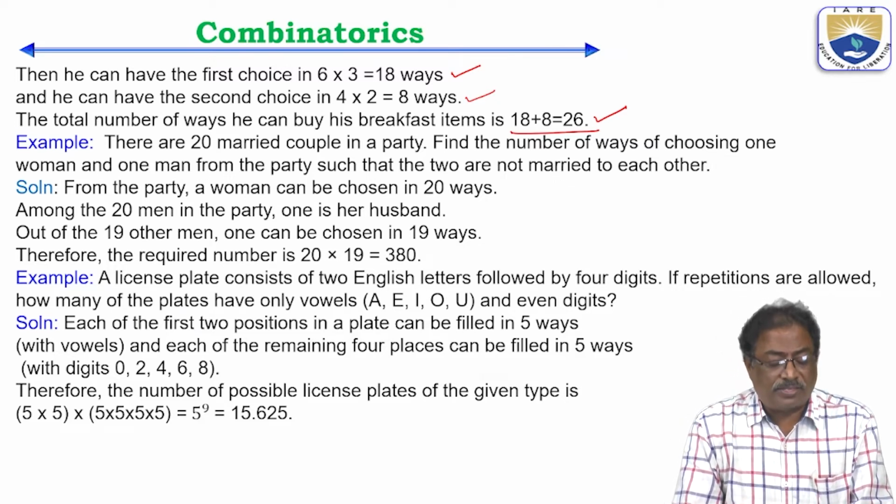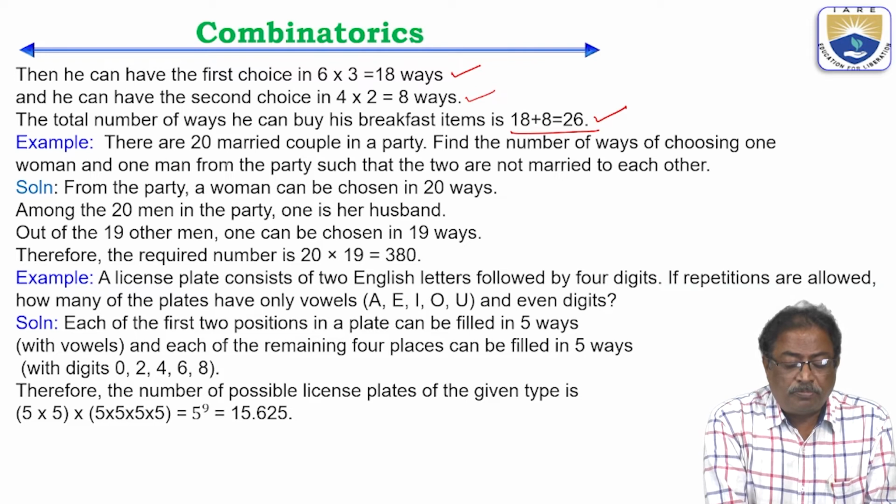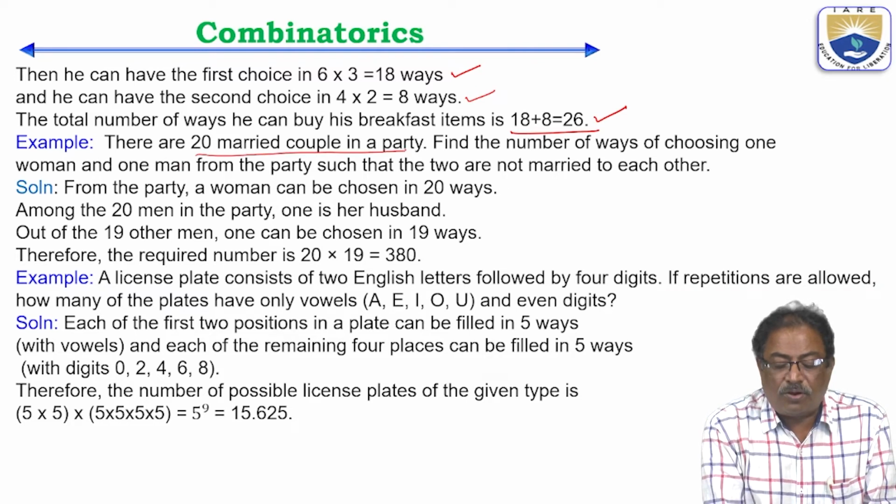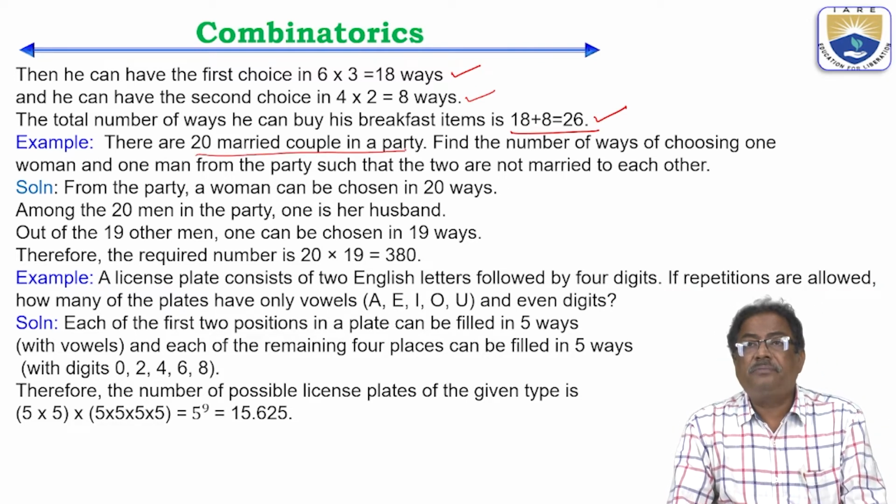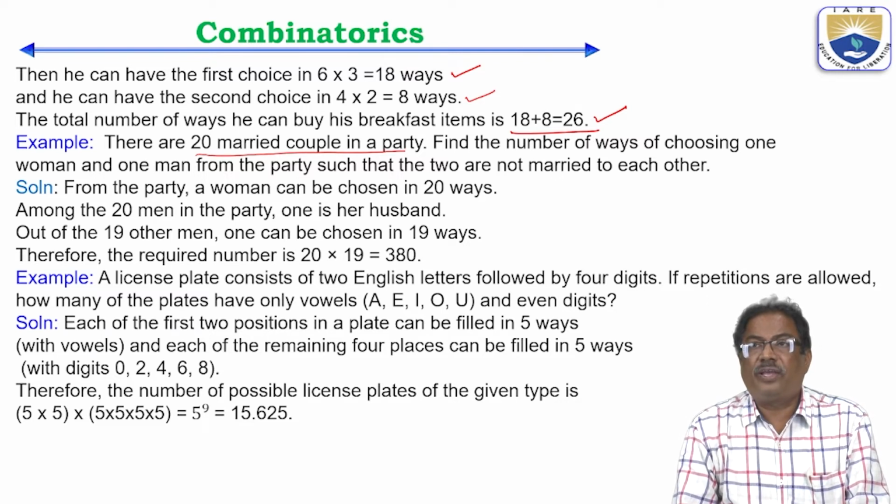Now let us go for the other example. There are 20 married couples in a party.